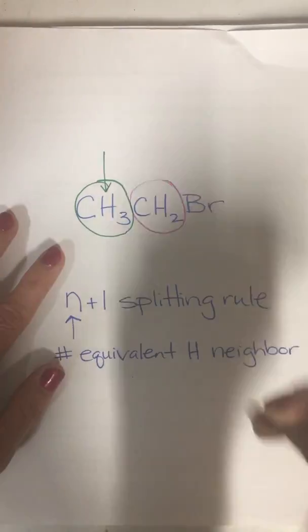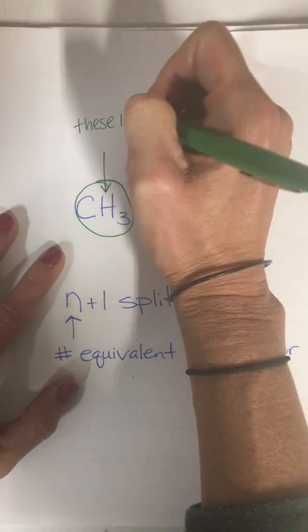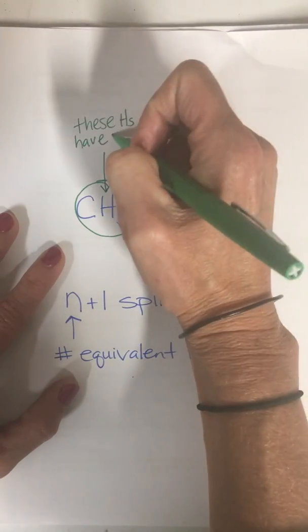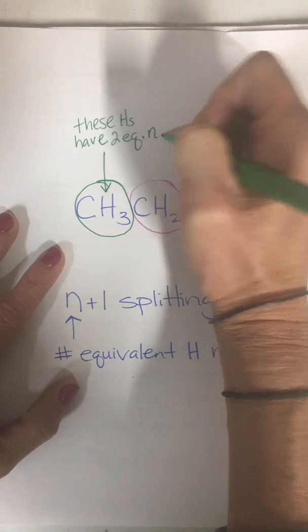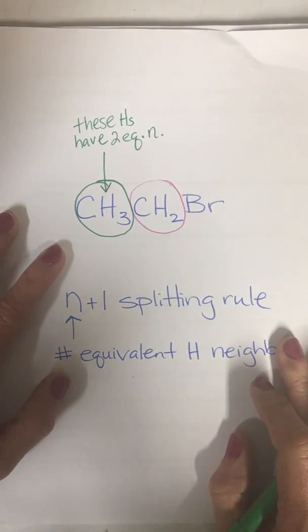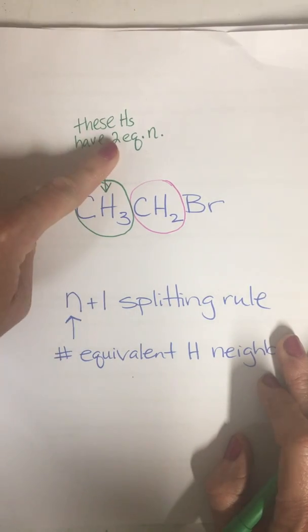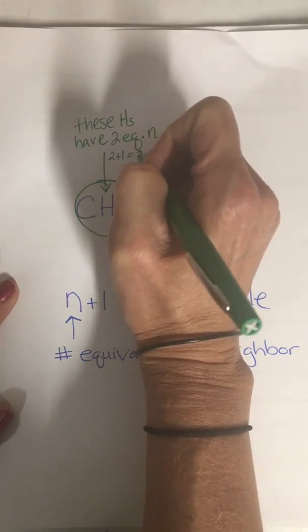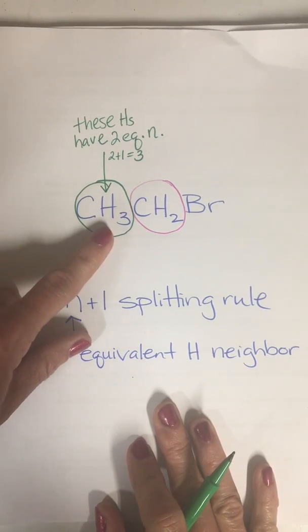So when I look at these hydrogens, I would think in my head, these hydrogens have two equivalent neighbors. According to the N+1 rule, since my N is 2, 2 plus 1 equals 3, we would then call the signal for these hydrogens a triplet.